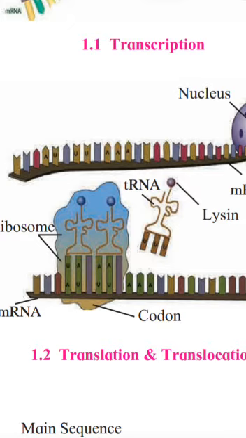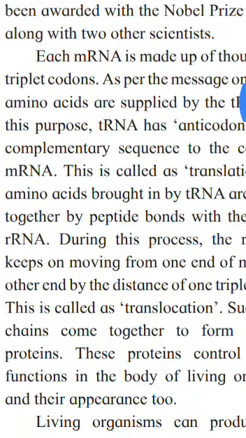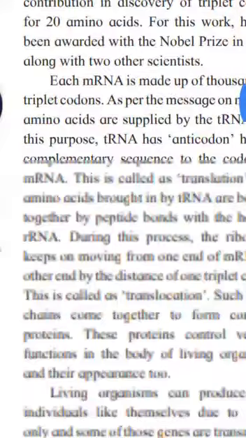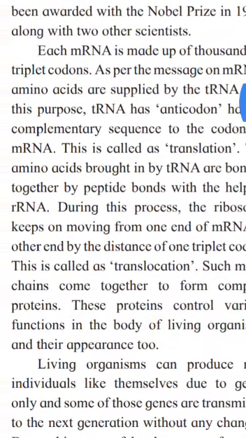The movement of the rRNA from one triplet codon to another triplet codon is called translocation. So transcription, translation, translocation: these are the three very important processes which take place during protein synthesis.